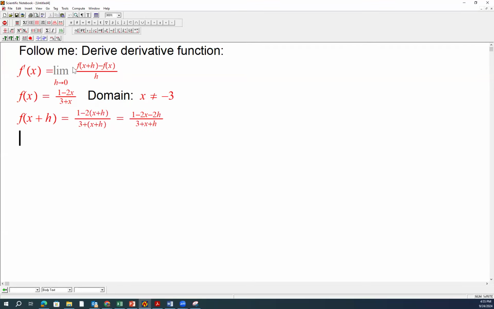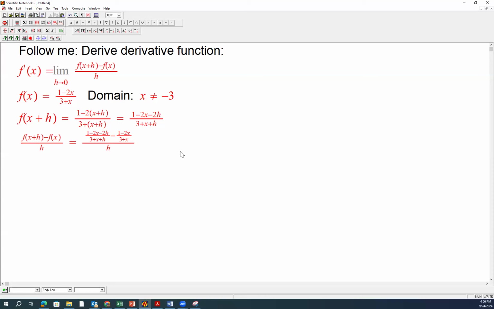So next we're going to create this quotient. Be careful about alignment. I'm going to take this one minus this other one.